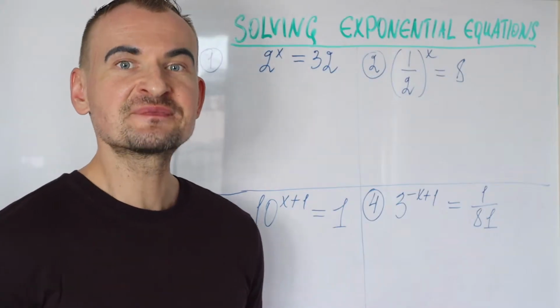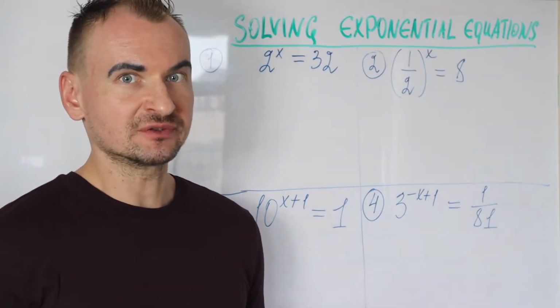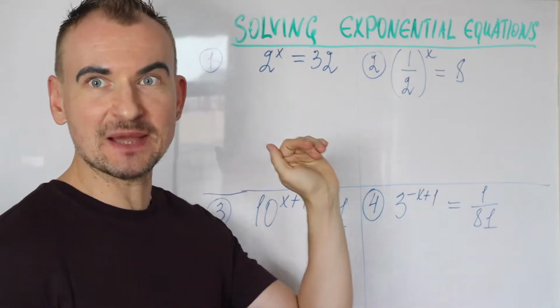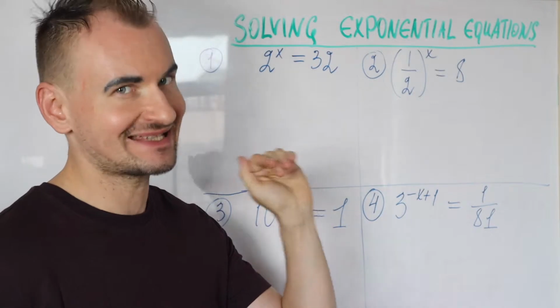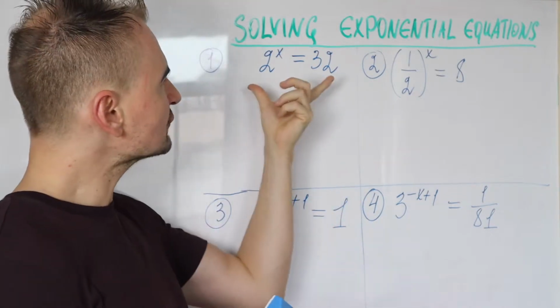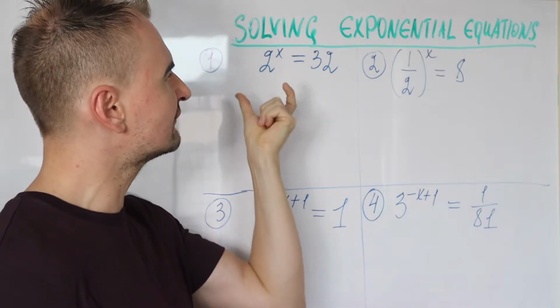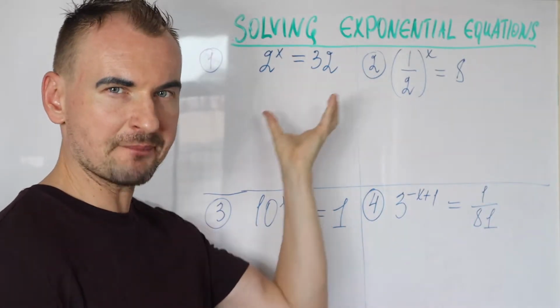Hey guys, in this episode I'm going to break it down how to solve exponential equations step by step. Suppose you are given something raised to the x equals a number, 32.